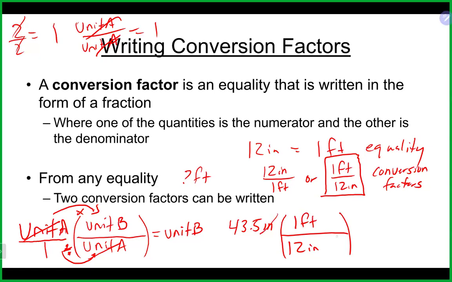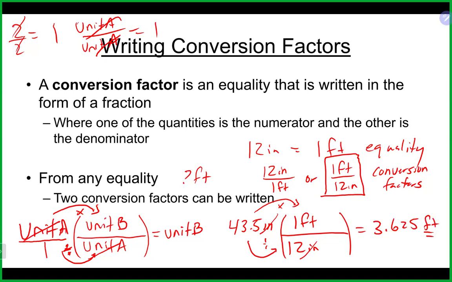Once again, here, inches on top and bottom will cancel each other out. We're going to multiply and then divide. In this case, there's not much to multiply since we're multiplying by 1. But if it makes you feel better, you can multiply it by 1, hit equals, and then divide it by 12 and hit equals. And that will give me 3.625. The units that are left over are feet in this case.